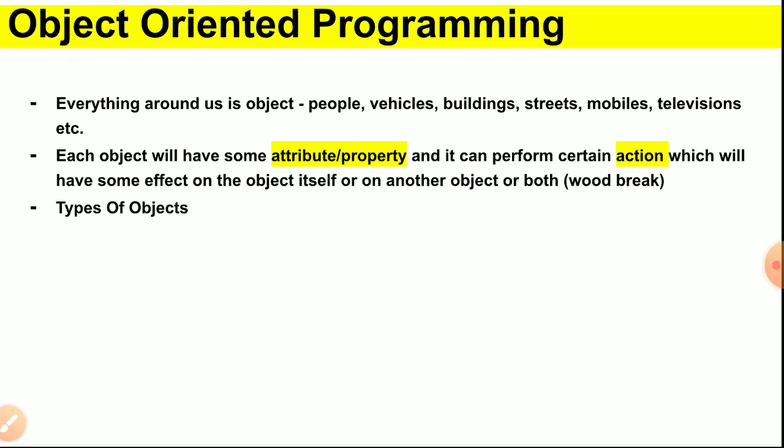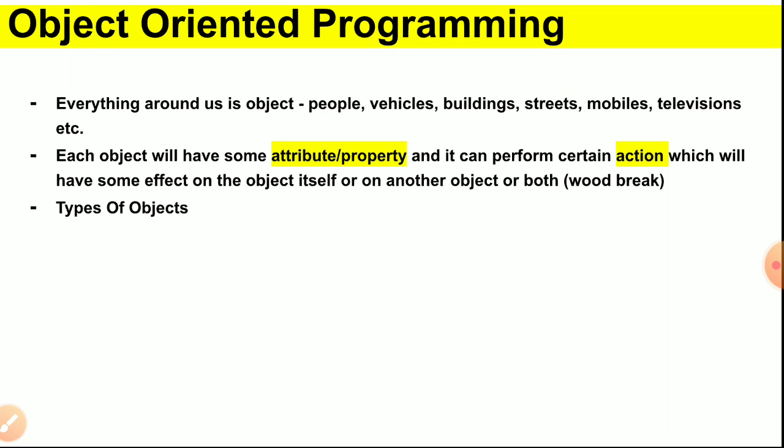And whenever any action is performed by an object, it will have some effect on itself or on some other object or on both. Suppose I use my hand to break a piece of wood, so my hand object is acting on the wood object, isn't it?